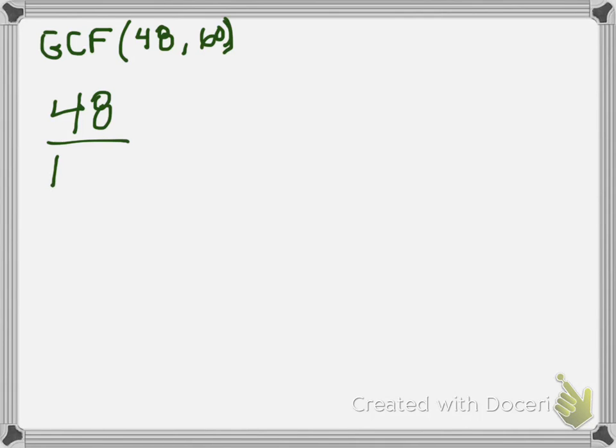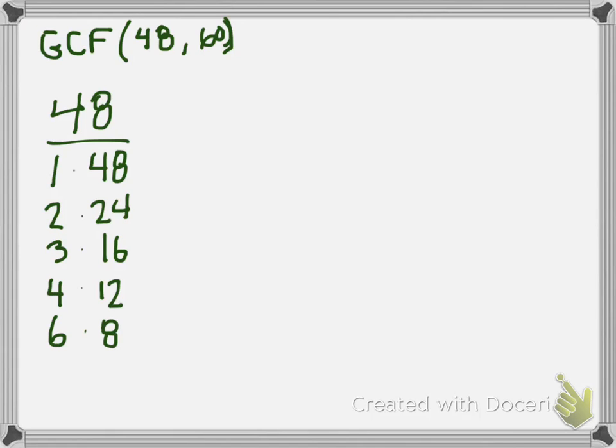So that would be 1 times 48 and 2 times 24. And let's see, 3 times 16. That would be an easy one to miss. 4 times 12 might be one that you would miss. And then 6 times 8 is also a way to get 48. Okay, so there's some tough ones in there you might not remember or even know.